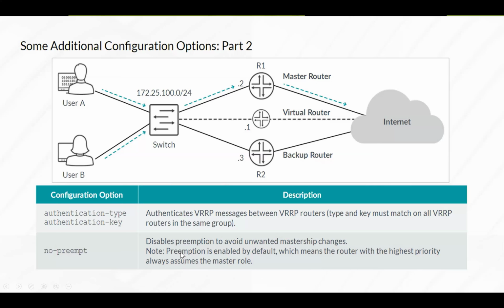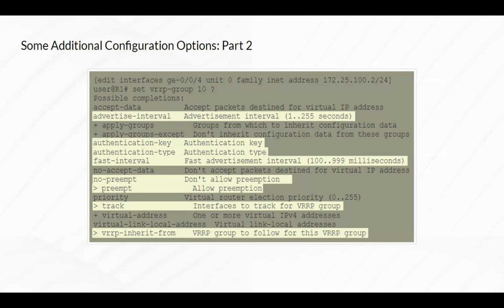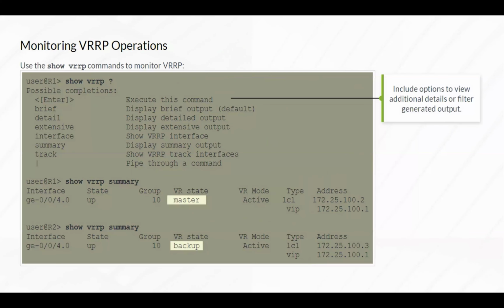Preemption is enabled by default, which means the router with the highest priority always assumes the master role. Whether you configure no preempt basically depends on your production requirement, but by default preempt is enabled, and I think that is perfect for any production environment.